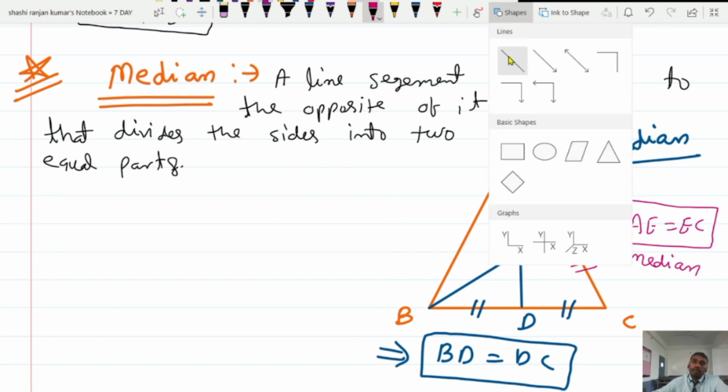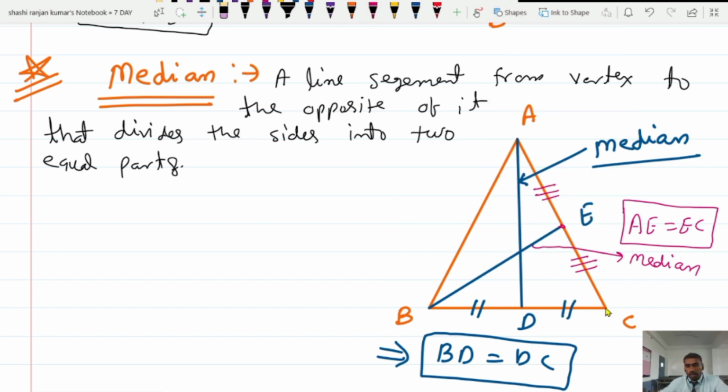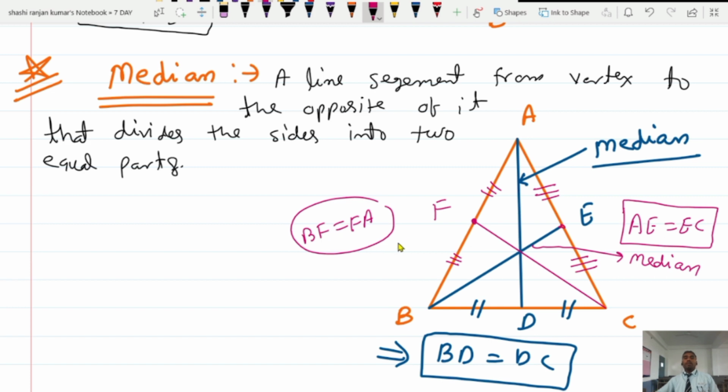Similarly, one median can be drawn from C. Let us suppose this is the point F. F is a median, so it divides this side into two equal parts. So BF is equal to FA. So CF is also a median of this triangle.